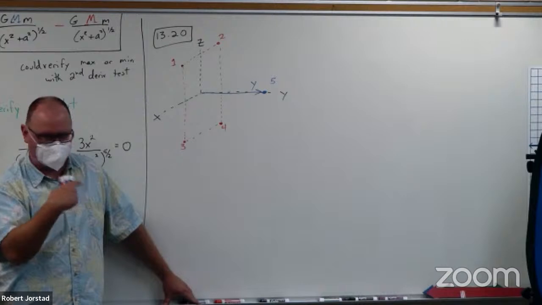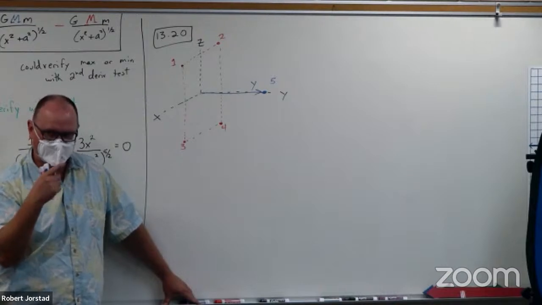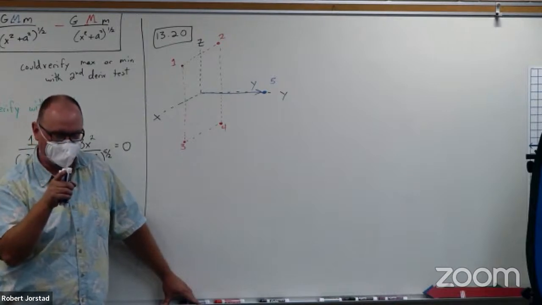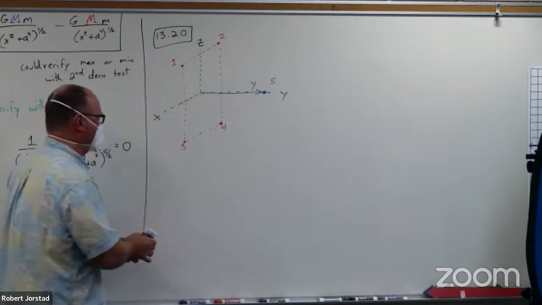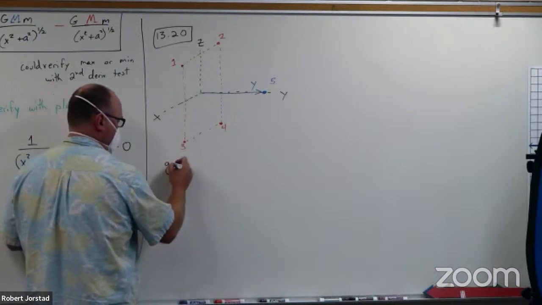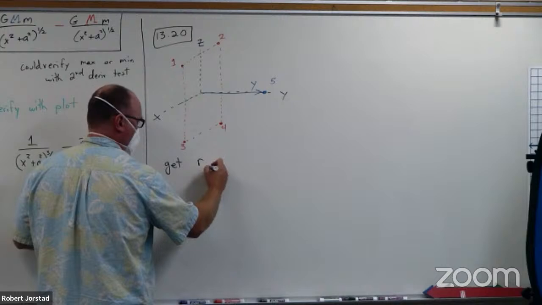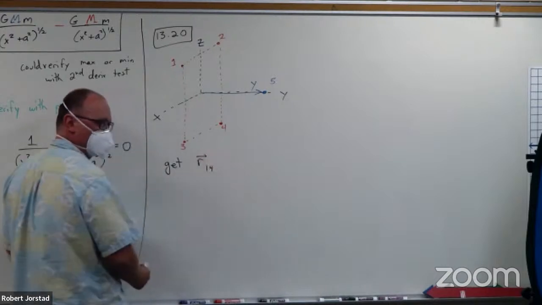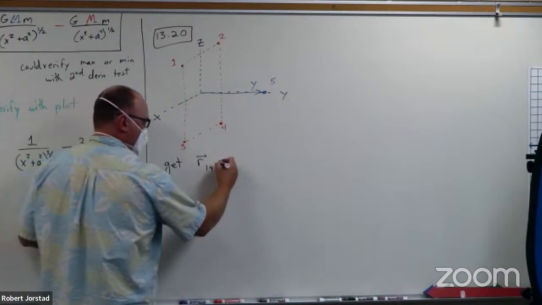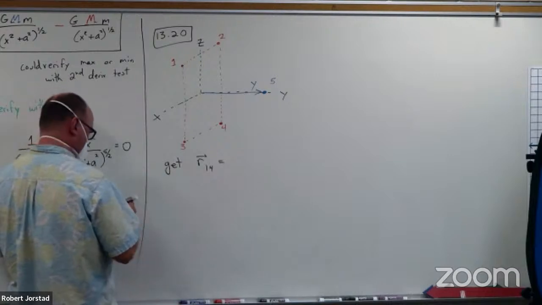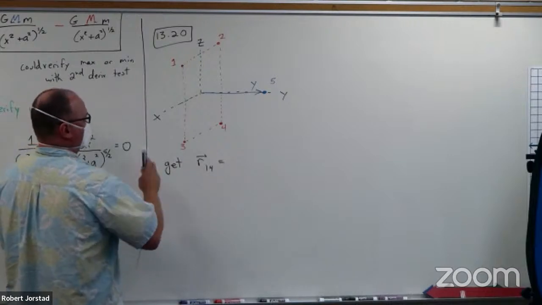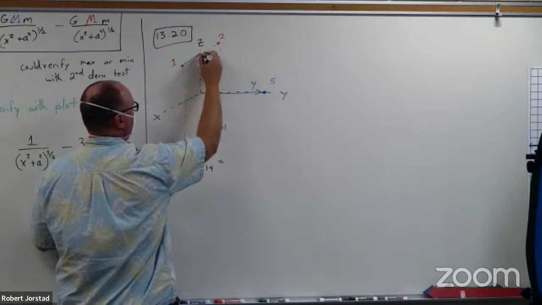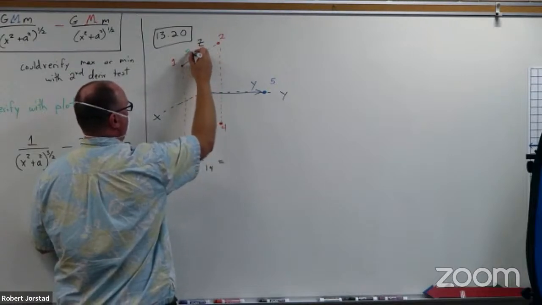Isn't this almost exactly the same as the last problem? So what's the move that we're going to do if you had to do this problem? Get the R1 to 4 vector. Now to help you out, R1 to 4 is going to be this way, and that's side over 2.